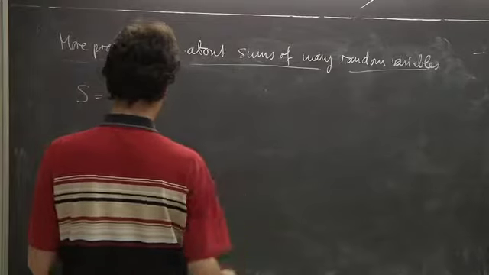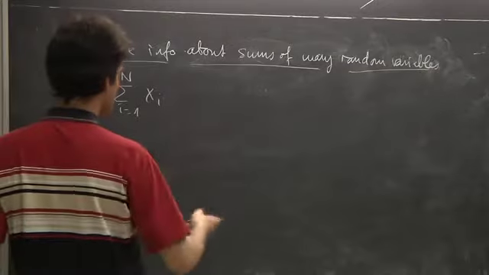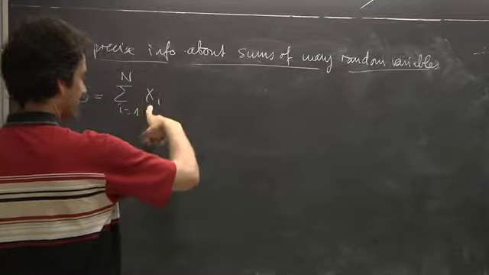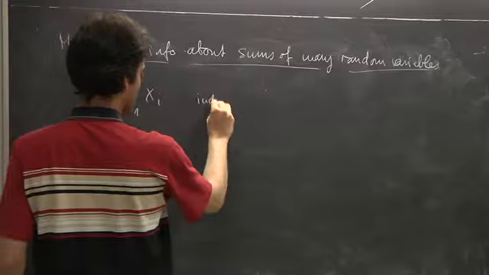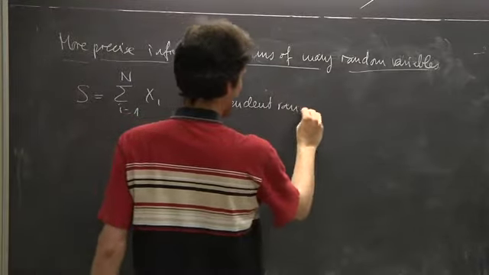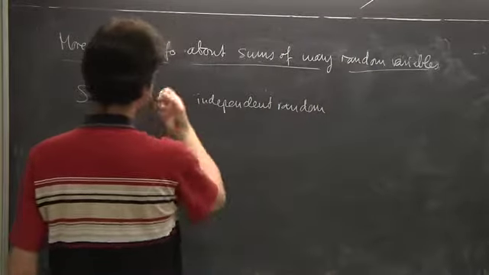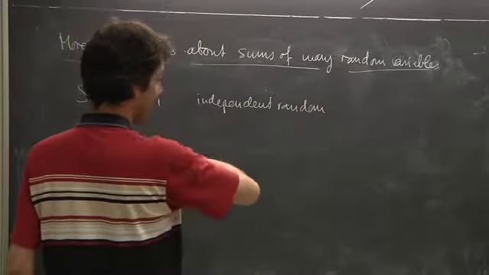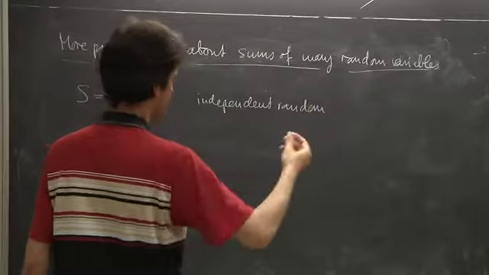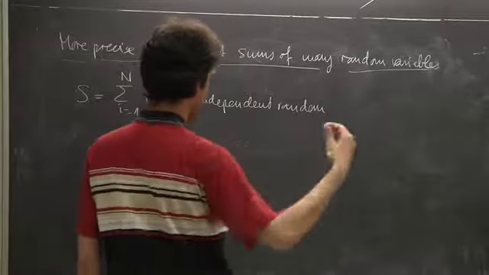So the xi do not necessarily have to be identically distributed here. These are just independent random variables. They are independent but not necessarily identical. So now I'm not saying that this has to be every time the speed of a gas particle. It can be something once this, once that.